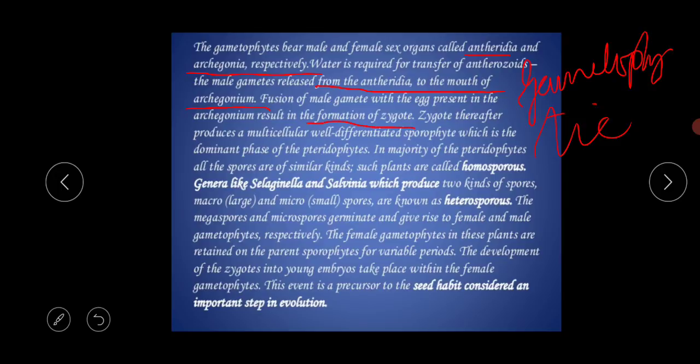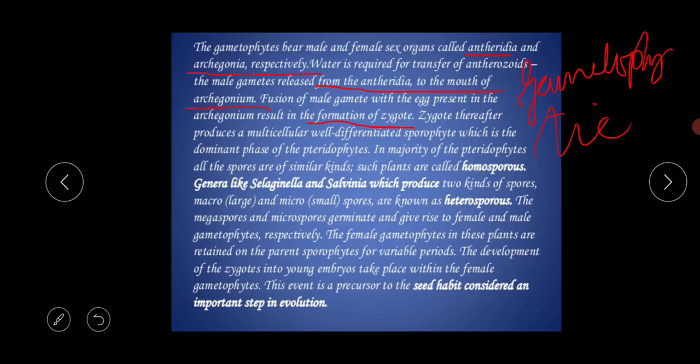I am repeating again: these gametophytes bear the male and female sex organs called the antheridia and archegonia. The male sex organ is called the antheridia and the female sex organ is called the archegonia.